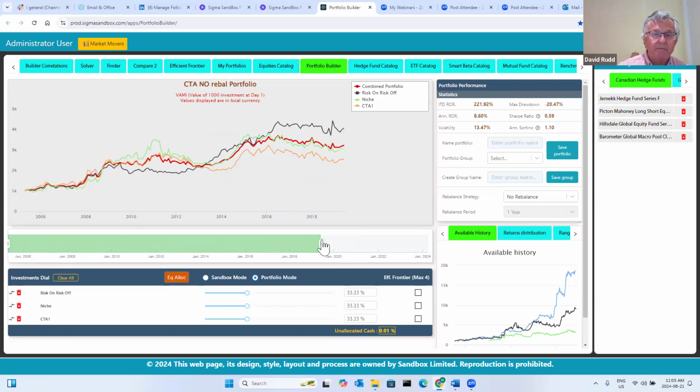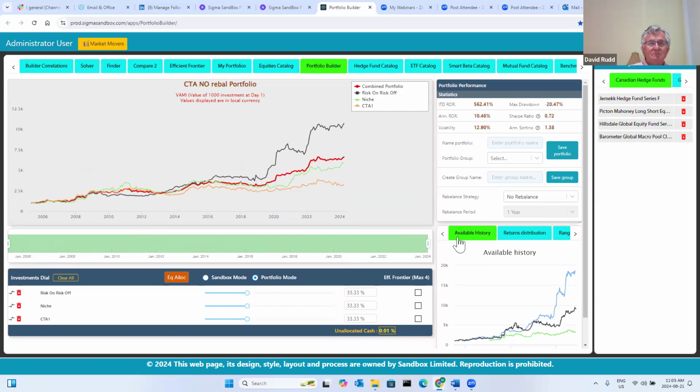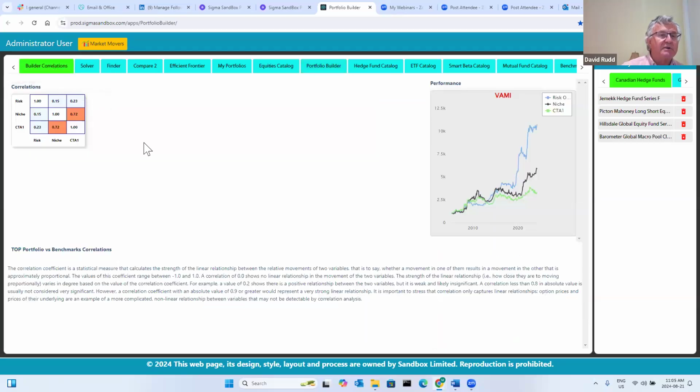Yeah. And obviously, with these three managers, you don't want their correlations with each other to be that high, if you're trying to enhance the risk-adjusted return. Absolutely. So for any period with these three managers, we can check correlations, and it varies depending on when you look.